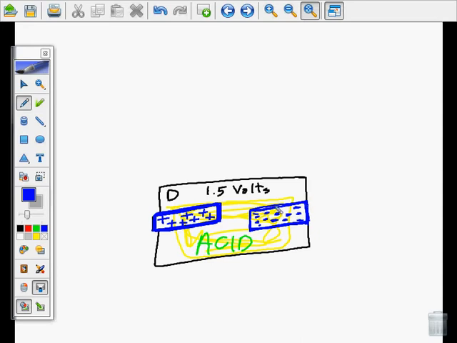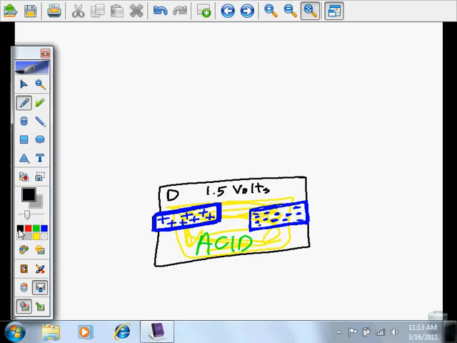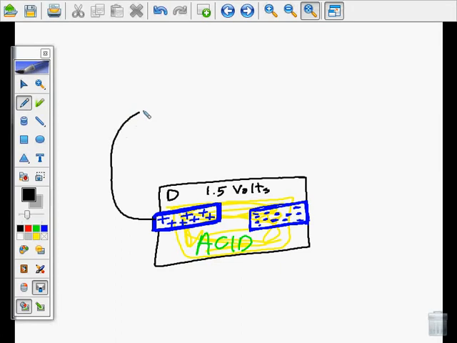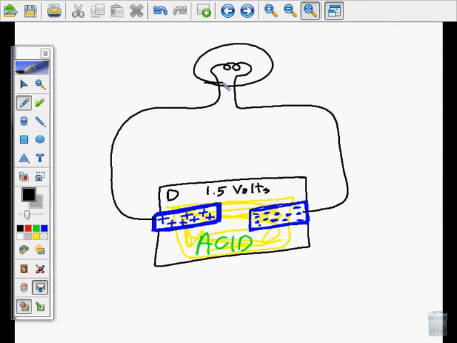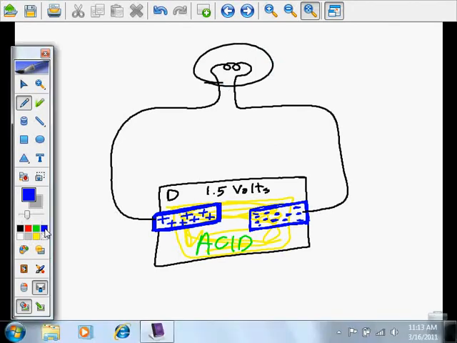So if you take this now and you connect a wire, a metal conductor, to a light bulb, now what actually flows through the wire?